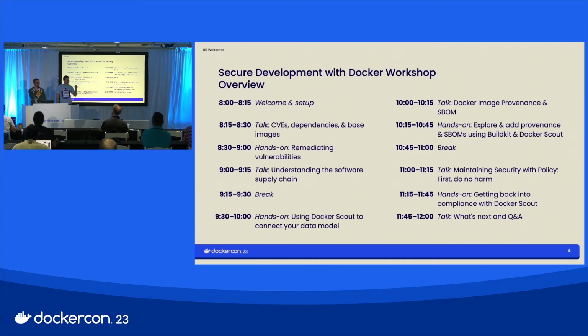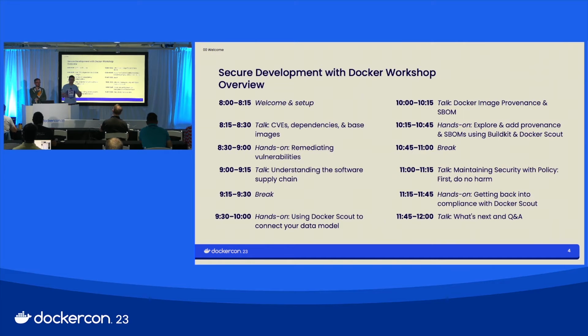We are going to start out where most people start when they think about security, and that's with CVEs. We'll have a session going through those and how to remediate them with Docker Scout, how we do it at Docker.